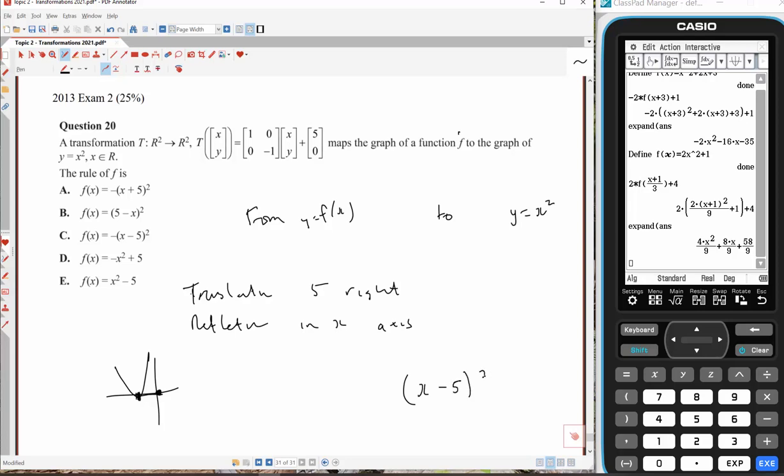X take 5 squared and a reflection in the x-axis. So I'm looking at a parabola that's inverted. That's that one there. Right, so I better not call it f of x, I'll call it g of x. So g of x has the translation 5, and reflected in the x-axis, and it'll become this graph here. So C, I believe, is our answer.